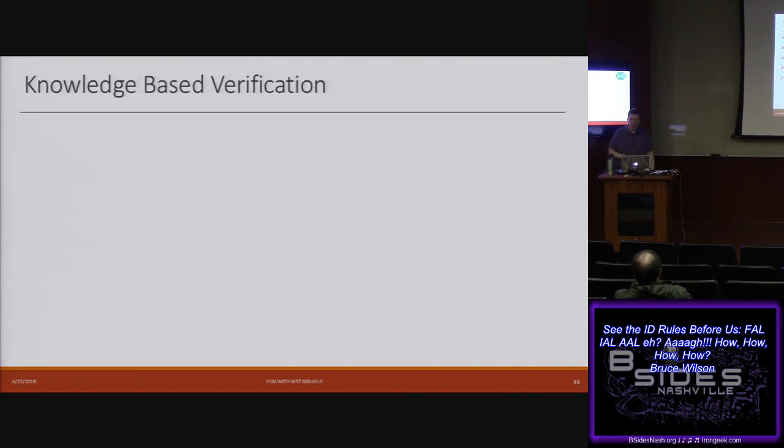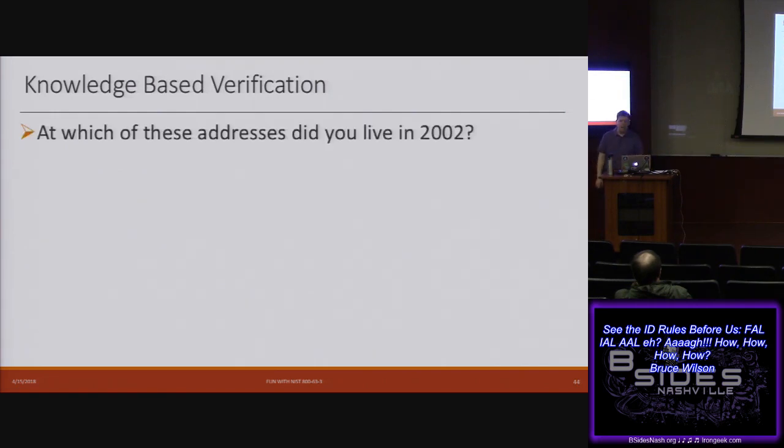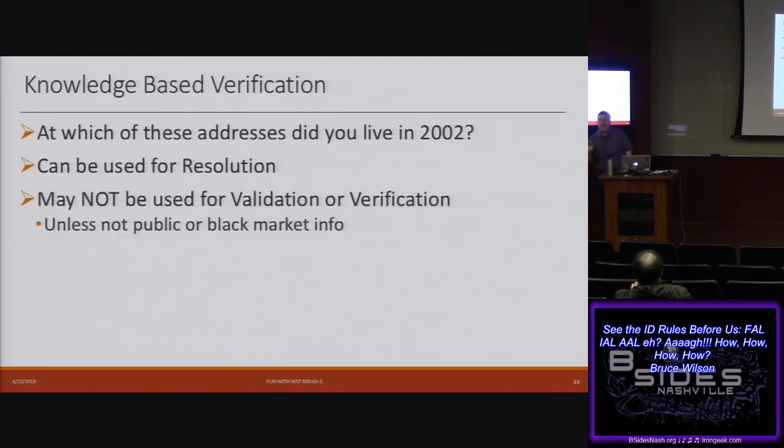Some of the other things, so I mentioned knowledge-based verification previously, so these are some typical examples. What address did you live at in 2002? These can be used for resolution, but they may not be used for validation or verification. So this is, I think, an important thing.